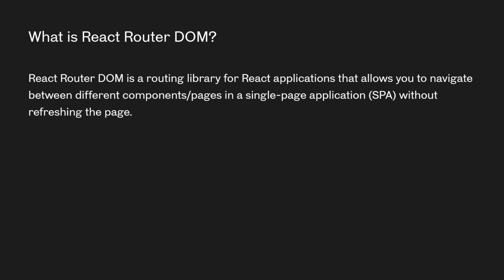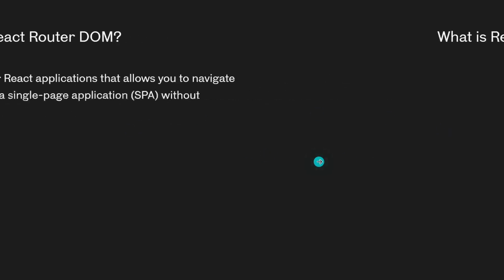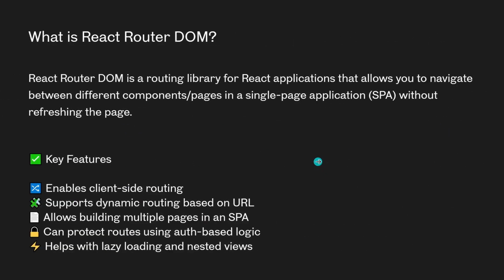But with React Router DOM, your app stays on a single HTML page and only the necessary components are updated when you navigate. This makes your app faster, responsive and provides a smoother user experience. It handles everything from navigation between pages, reading URLs, to rendering components conditionally based on the routes. In short, React Router DOM brings real-world page navigation to your React app.